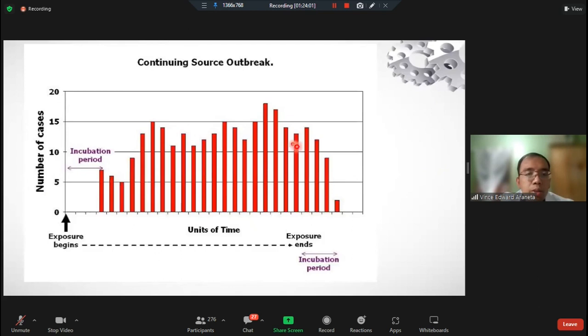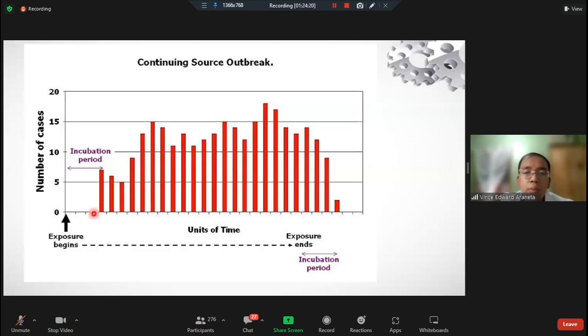Next is the continuing source outbreak. As with the point source outbreak, a group of people are exposed to a single noxious influence. But here, the exposure continues over a longer time, so the outbreak persists for longer.